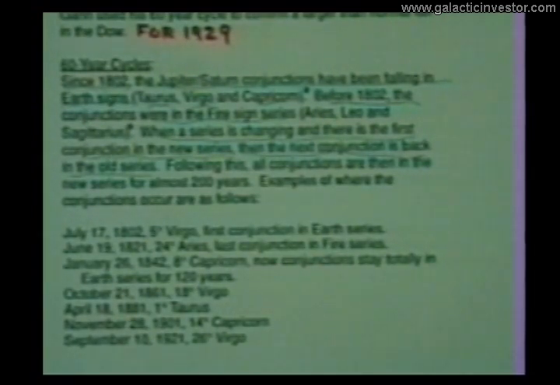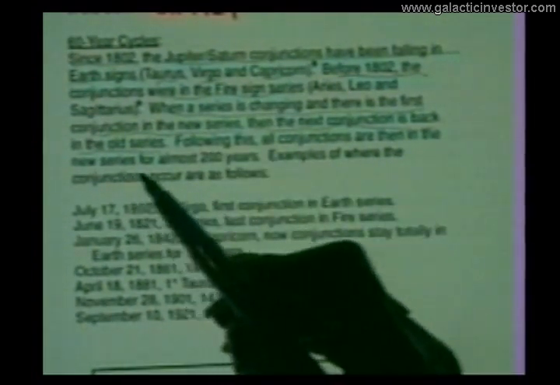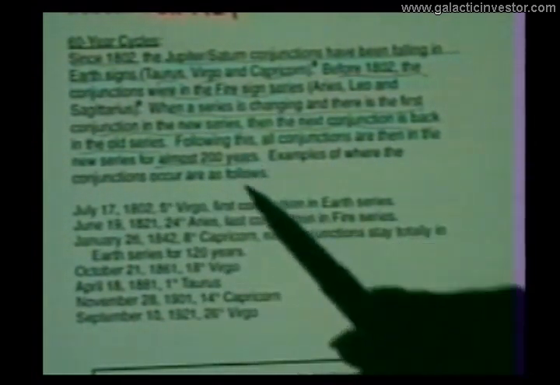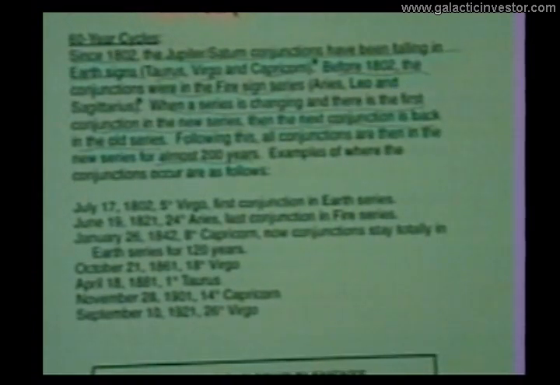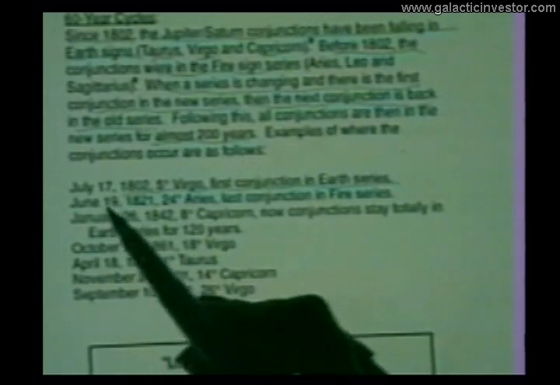So all of the conjunctions since the early 1800s have been occurring in earth signs, and this has been very, very important. So it says here, following this, all the conjunctions occur in the new series for almost 200 years, and now I give you the example. We had 1802, the first conjunction in the Earth series. It was in Virgo. Then in 1821, we had the last conjunction of the fire series.